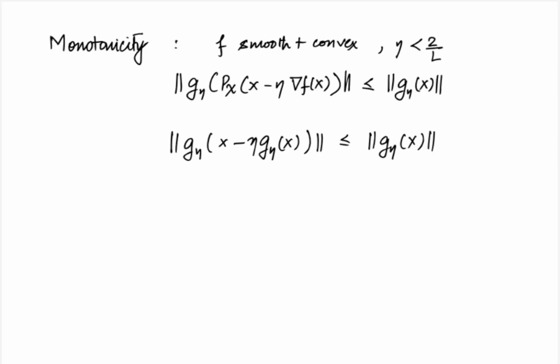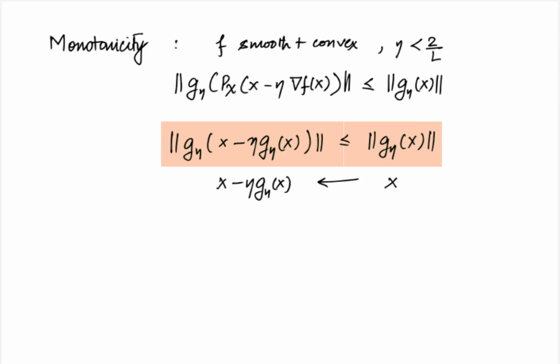So suppose that we are at x, then the norm of the gradient map evaluates to norm of g eta of x, which is on the right. Then if we take one step of PGD, then we get x minus eta g eta of x. And then if we take the norm of that quantity with the gradient map, we would get the left hand side, which the result says is less than or equal to the right hand side.